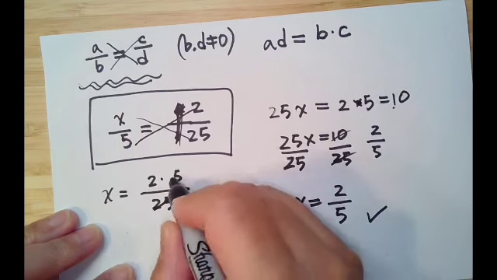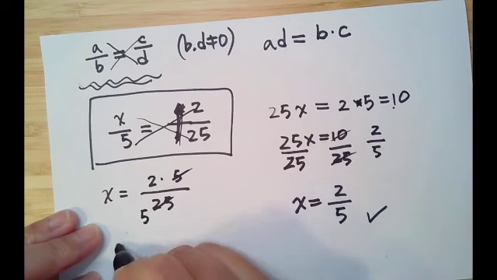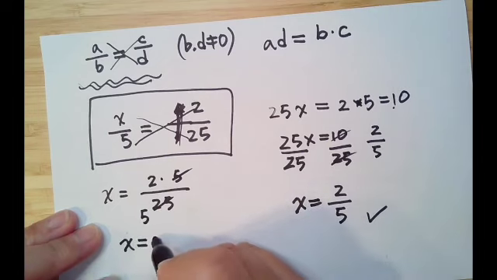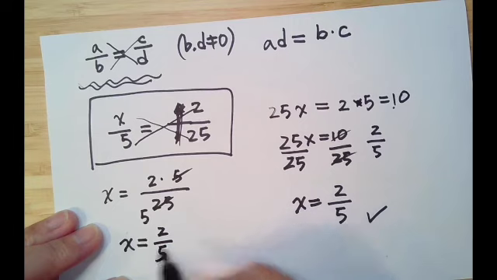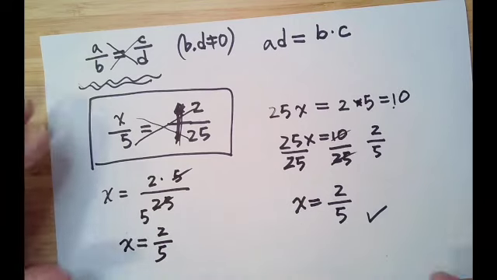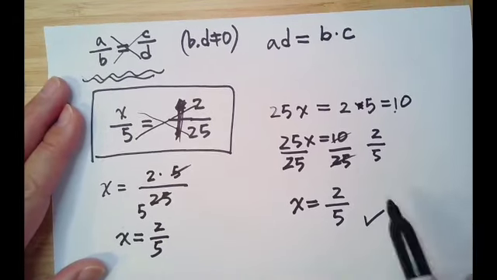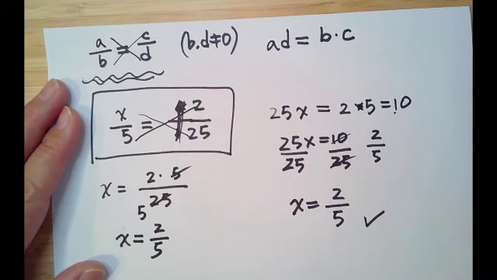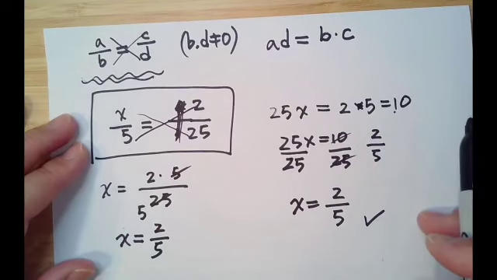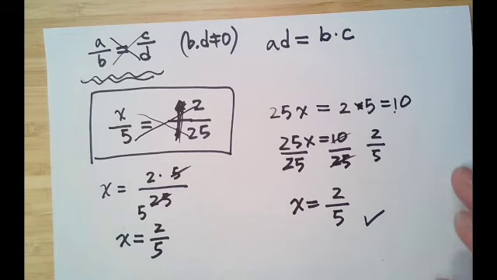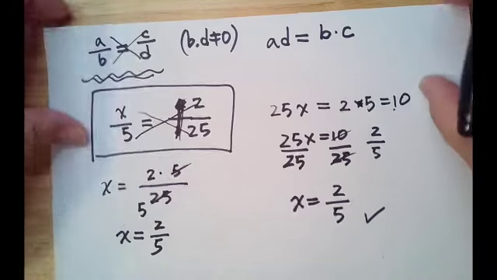So this 5 cancels out, you get a 5. So you also have x equals 2 over 5. These two are exactly the same thing. Okay, so cross multiplication is a very useful tool, or skill, something that you can remember. So let's work on a couple more examples.